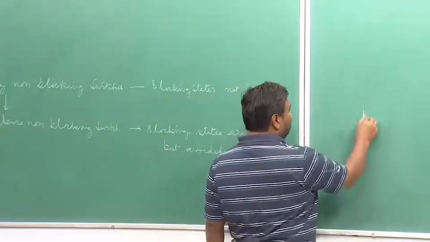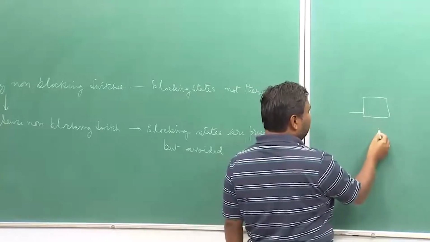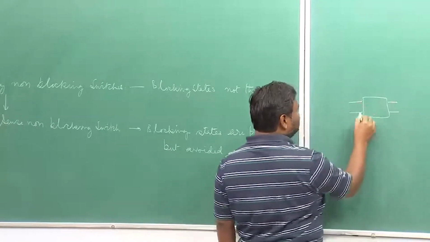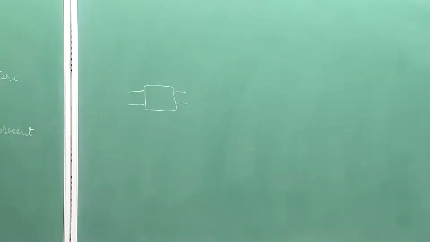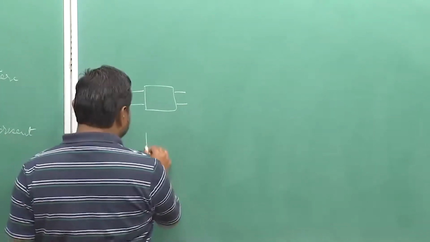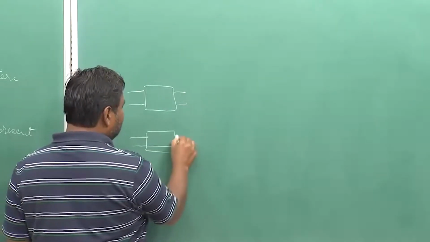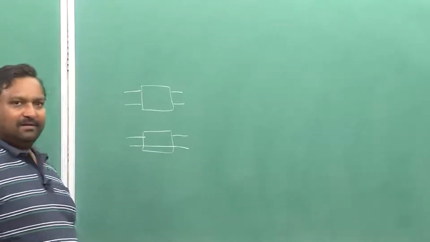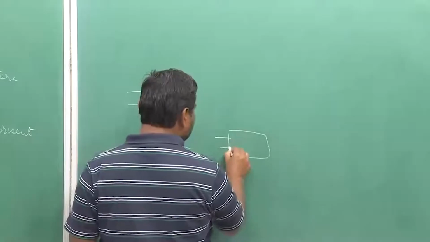So, for a 2 by 2, let us start with this and then I will move to 4 by 4 with 2 stages. There are 2 inputs, 2 outputs. This is one state when no connection has been made. Second possible state can be when I make only one connection. Now, the connection can now be made in this fashion also.